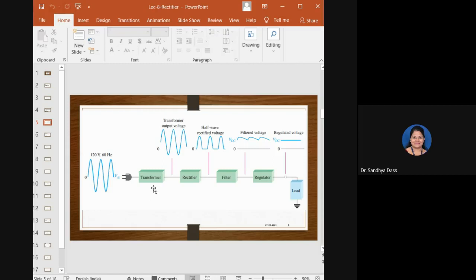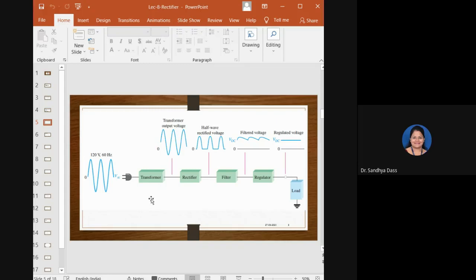For that, we have the basic information that a transformer changes AC voltages based on the turns ratio between the primary and the secondary. We are also familiar that if the secondary has more turns compared to the primary, then the output voltage across the secondary will be higher and the current will be smaller, isn't it?